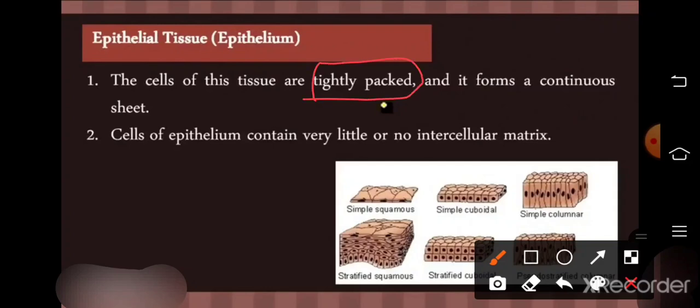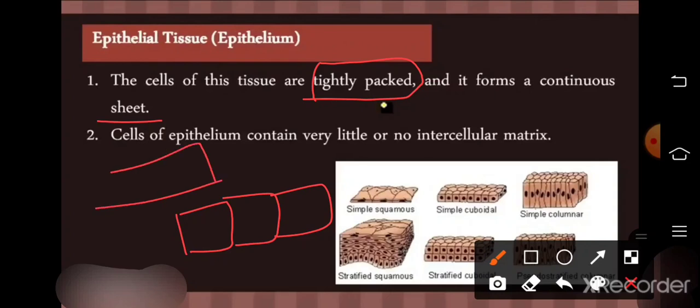You can see in the picture there are no spaces, so it is tightly packed and forms a continuous sheet, just like the marbles or tiles in your home. That's why there are no spaces between them.